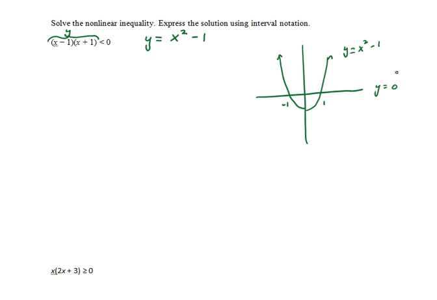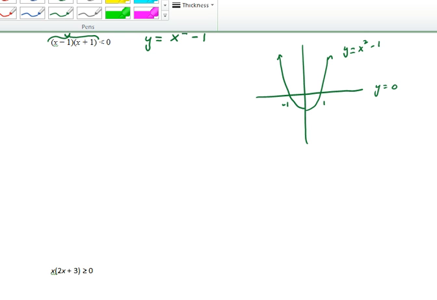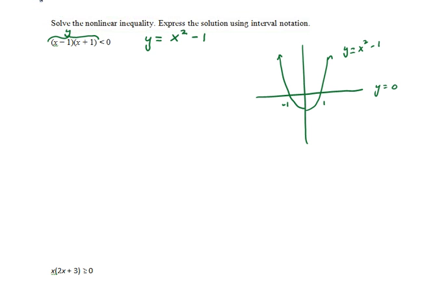Actually, we're going to compare the y values. And we want to know where the y values in y equals x squared minus 1 are smaller than y equals 0. So that's going to be the values between the x-intercepts. And so here the values of x are going to be in the open interval from -1 to 1.